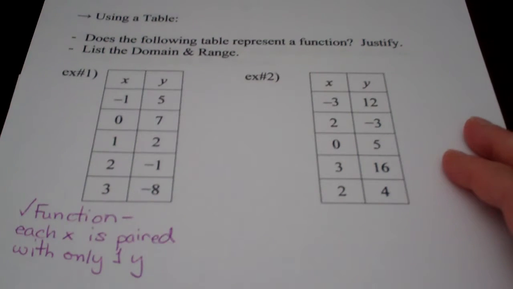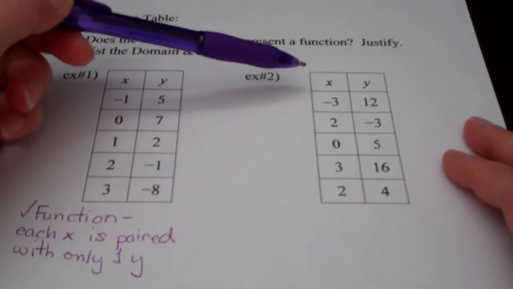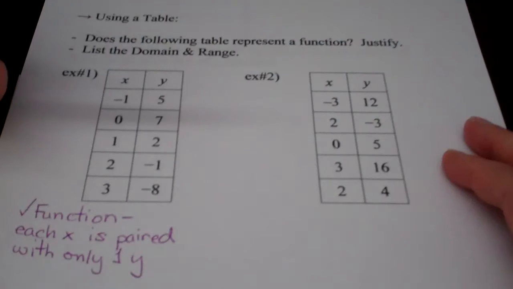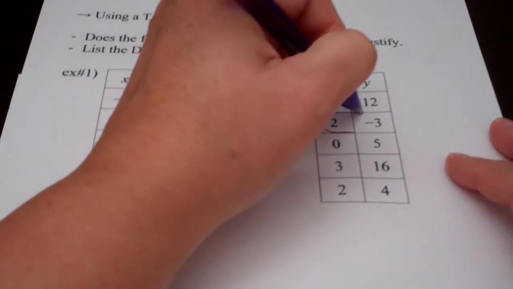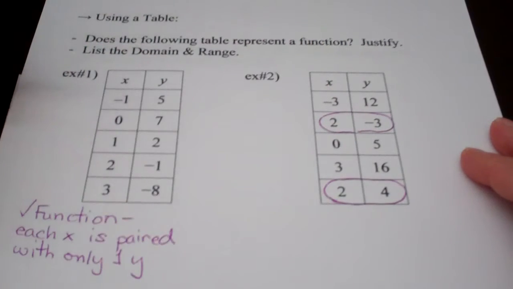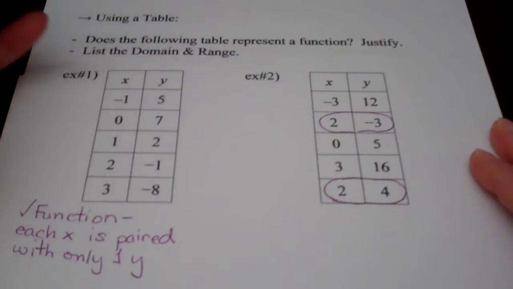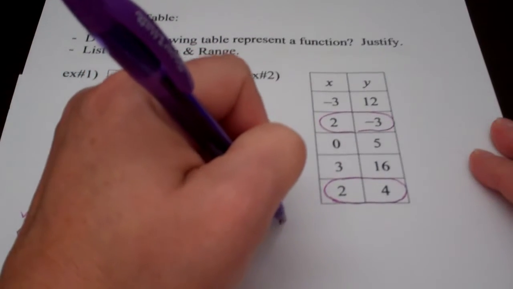Okay, what about the second table? We could do the same kind of observations. We look at all the x's, right? And I think if you look carefully, there's one x value that's actually paired up with two different y values. These right here. Okay, so that causes a problem. That violates the criteria. So we would say, no, this is not a function.